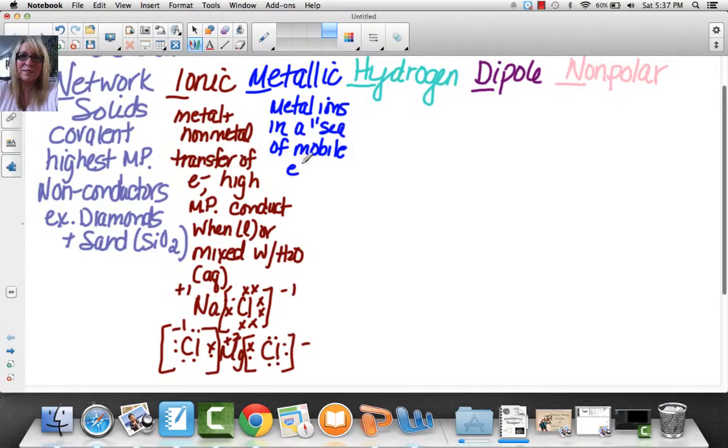So it's simply metal atoms, a bunch of gold atoms or a bunch of silver atoms, ions, surrounded by a bunch of electrons. And it's of the same element, so it's all gold or all silver. They also have high melting points, and they are good conductors.